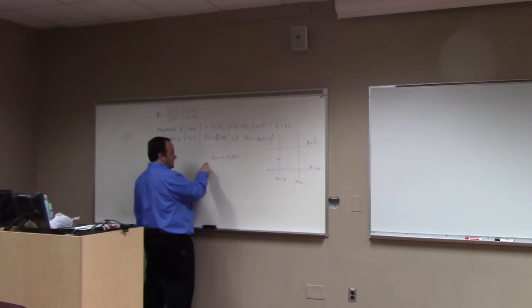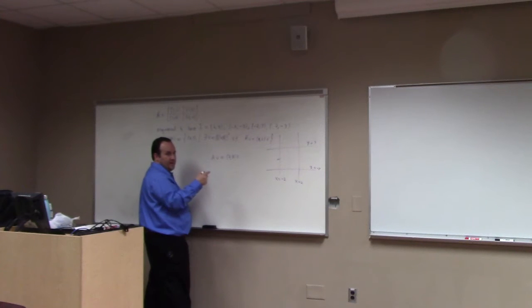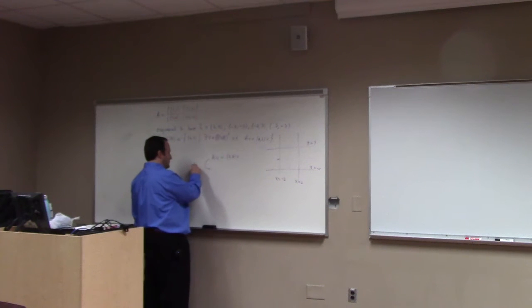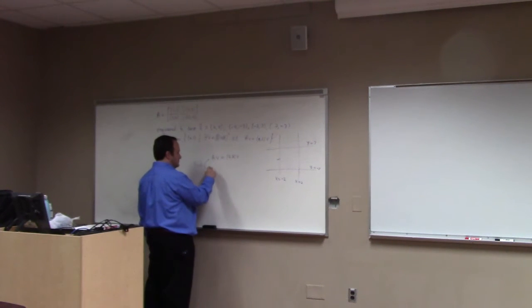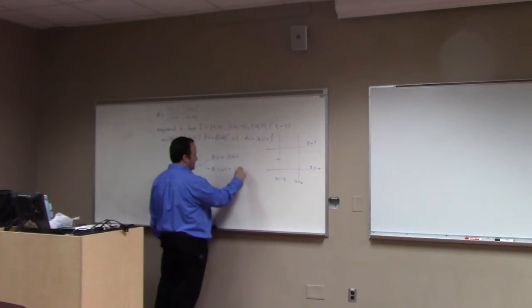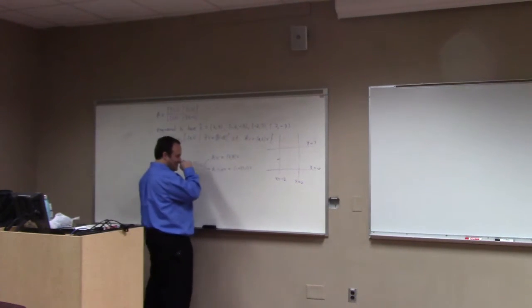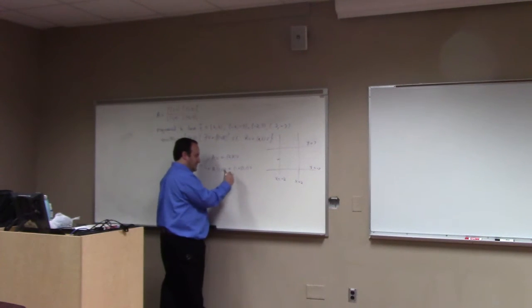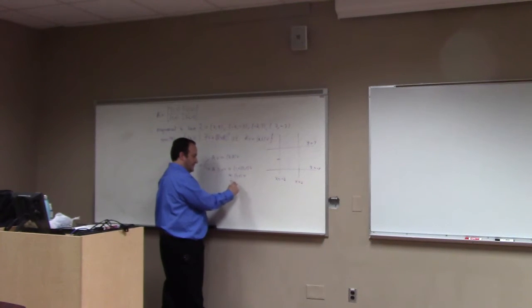And if I multiply this by, say, 1, 0, what happens? When you multiply this, you get what? We get, of course, 2, 0, V, right?